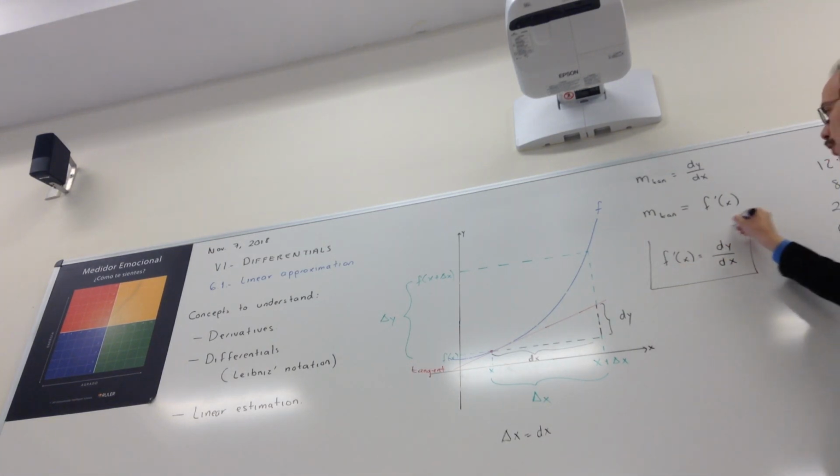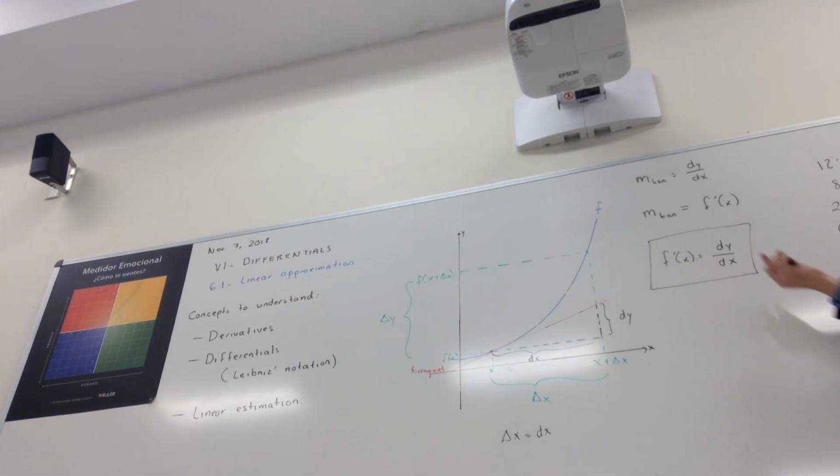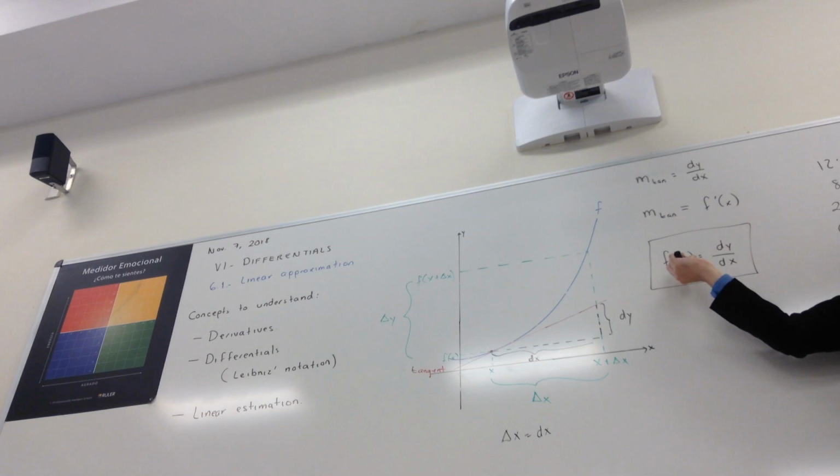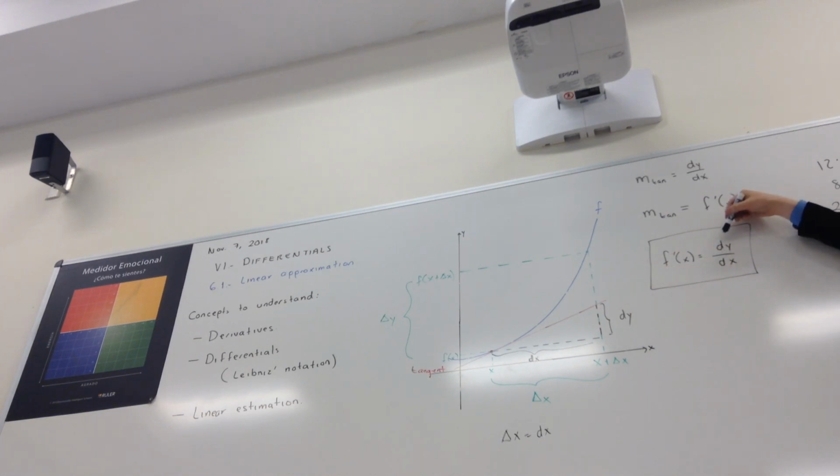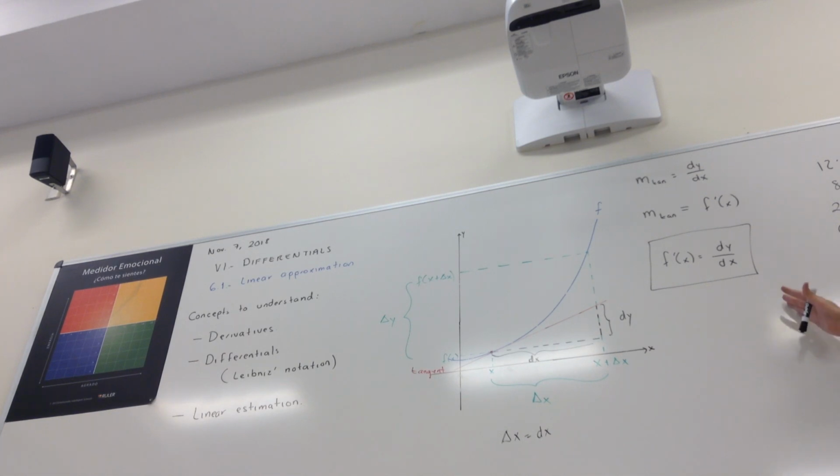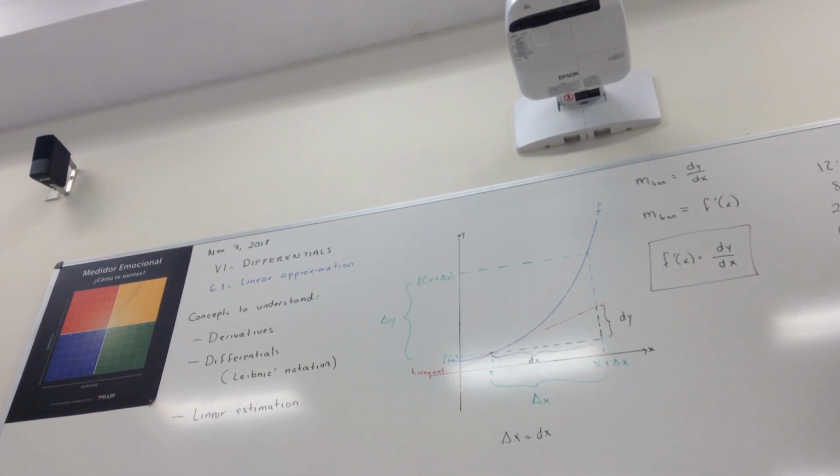That is going to be my formula. So basically, the derivative of a function is always equal to dy over dx. And what does that mean? d represents small change, small difference. That's why it's called differential. Do you get that? Okay?